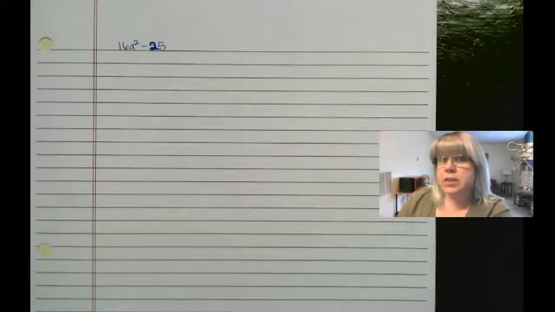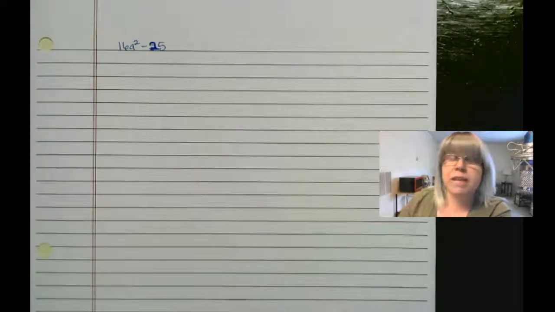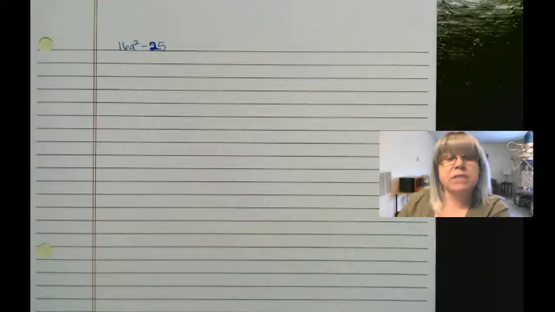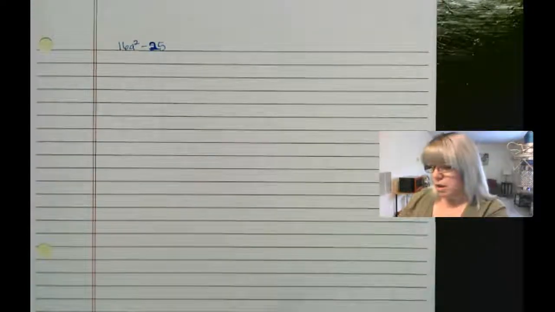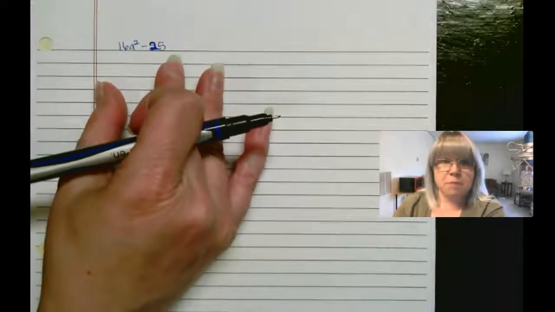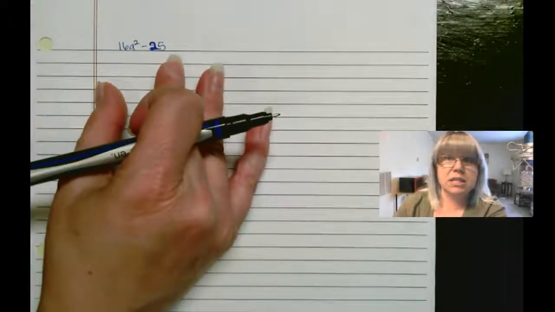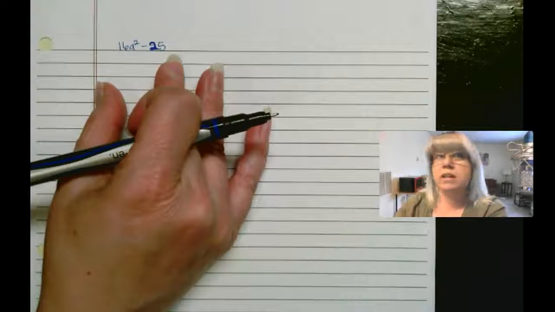All right, so let's try another problem, but this time I'm not going to focus on the factoring because you should have that down by now. I'm going to focus on using the zero factor property. Because this is a binomial, the first thing that pops into mind is: is it a sum of squares, difference of squares, sum of cubes, or difference of cubes?